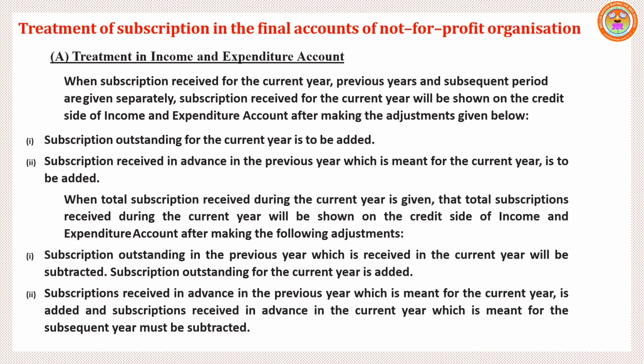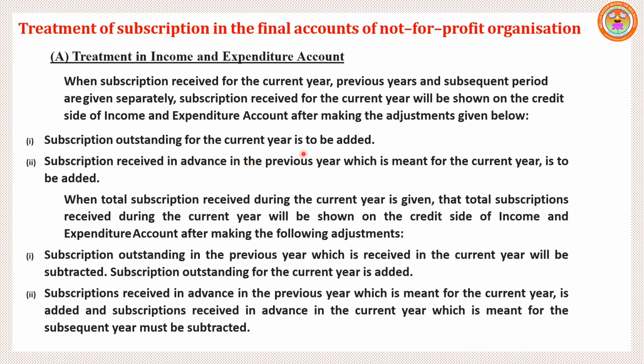In the question, subscription for previous year, current year, next year, they used to give. Whereas, while preparing the answer, we have to take one and only the current year amount, and also after making some adjustments. What are the adjustments that should be done while preparing the subscription amount?